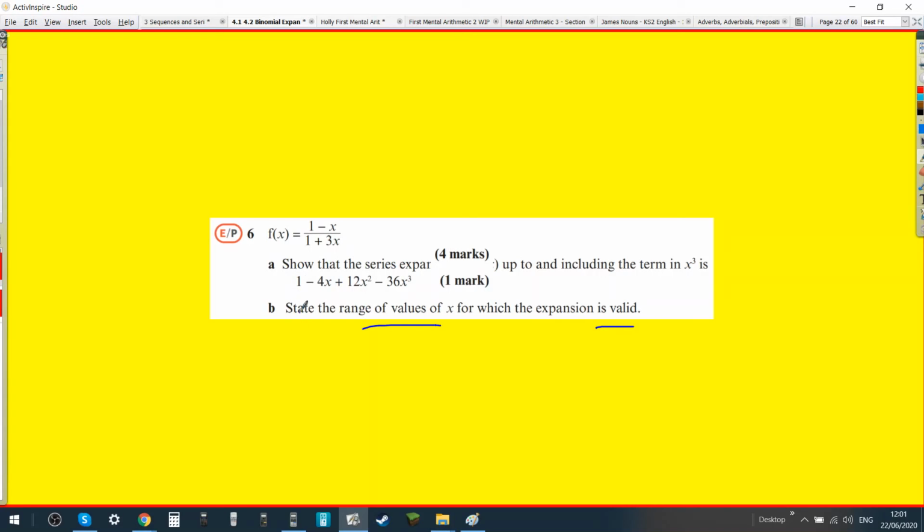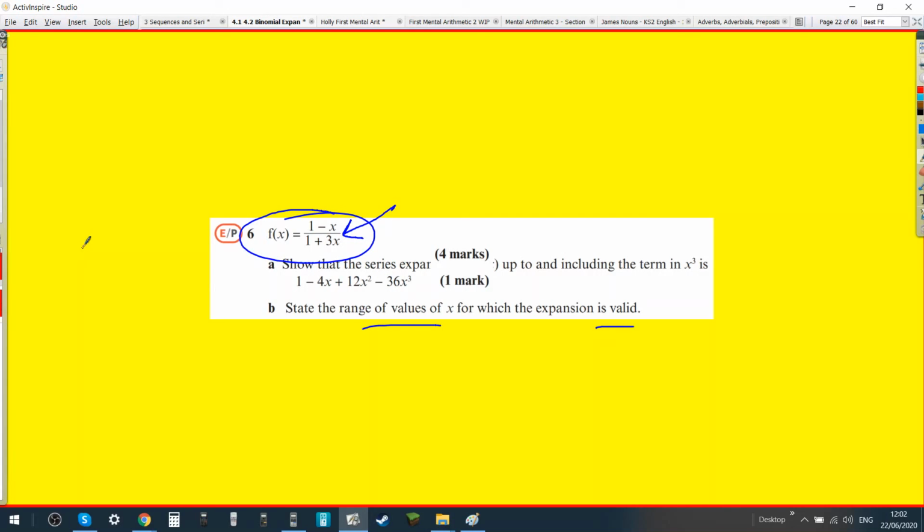A will be, will A be minus 4? So will it just be magnitude of x is smaller than a quarter? No. This is the question.